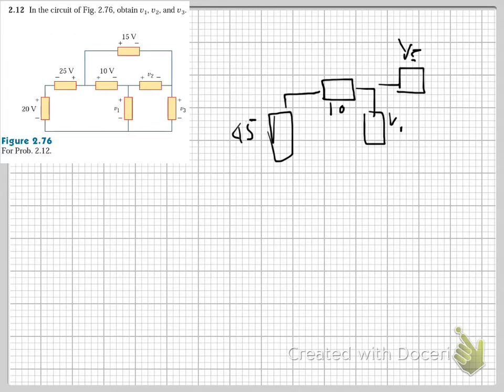Okay, I will assume that's a 2. And then we've got a V3 here.